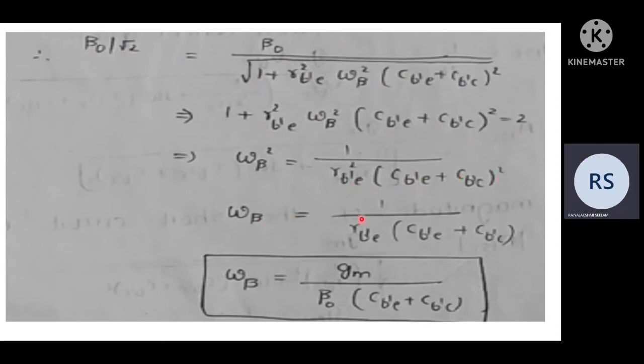So omega beta equals 1 by r_b'e (C_b'e plus C_b'c). Squaring both sides, these get cancelled. So here omega beta equals gm by beta naught into (C_b'e plus C_b'c).